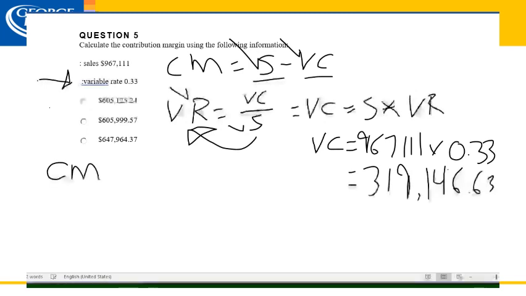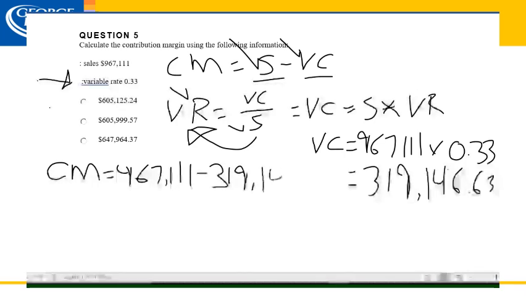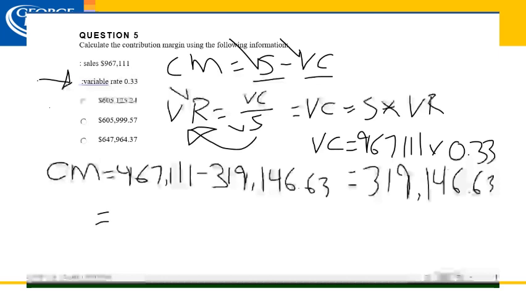So our contribution margin is equal to $967,111 minus $319,146.63, which works out to be $647,964.37.